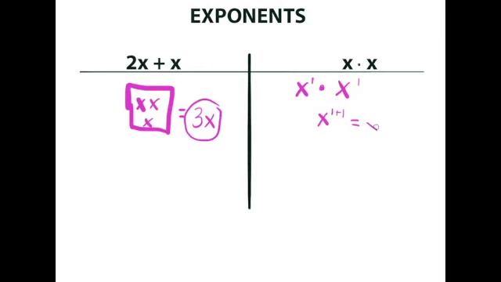So in this case, we have x squared. The generic way of looking at exponents is: if we had a base number with some exponent n at the top, the n tells us how many times we're going to multiply the base number together.